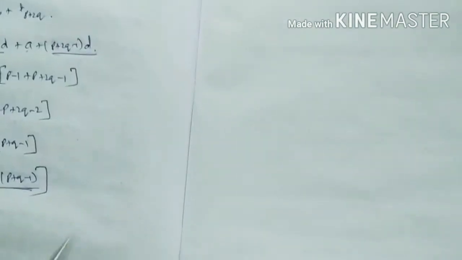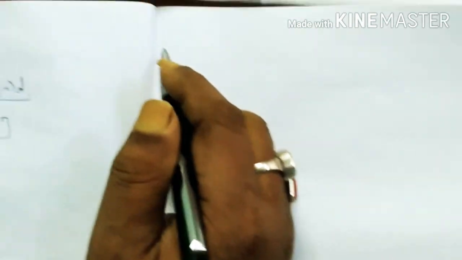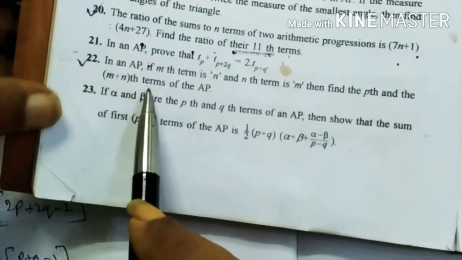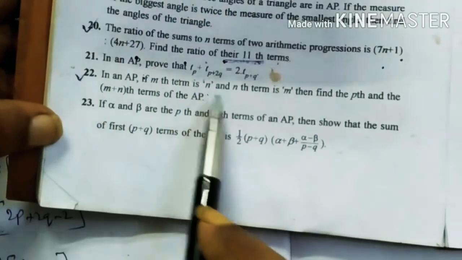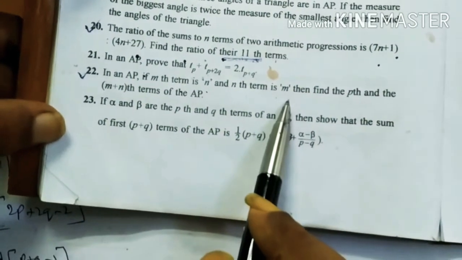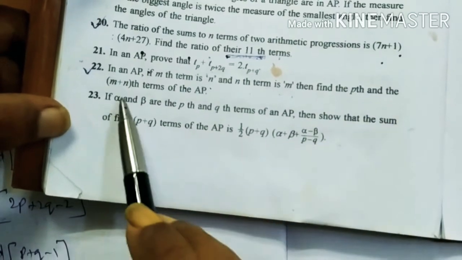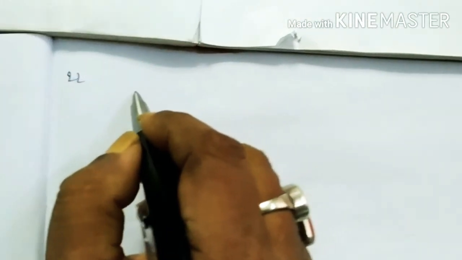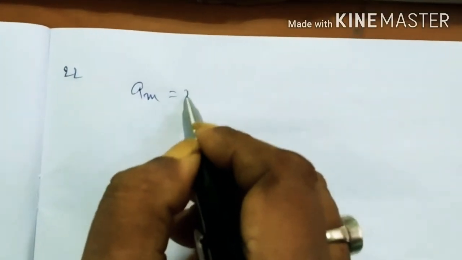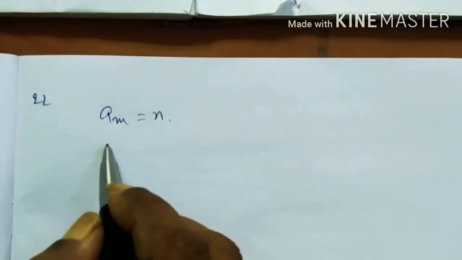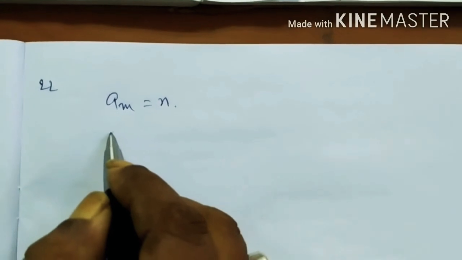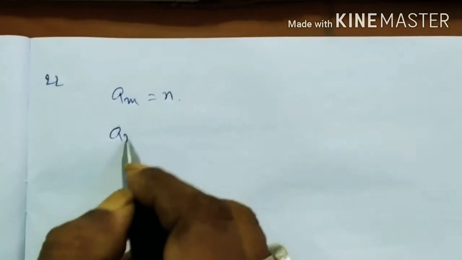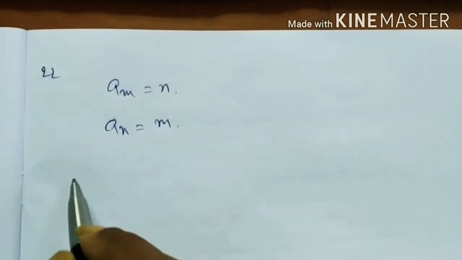Now I am going to question number 22. In an AP, if the mth term is n and the nth term is m, then find the pth and (m+n)th term. It is given that the mth term, a(m), is equal to n, and the nth term, a(n), is equal to m.